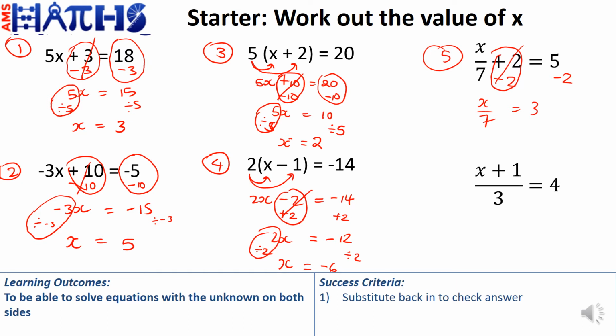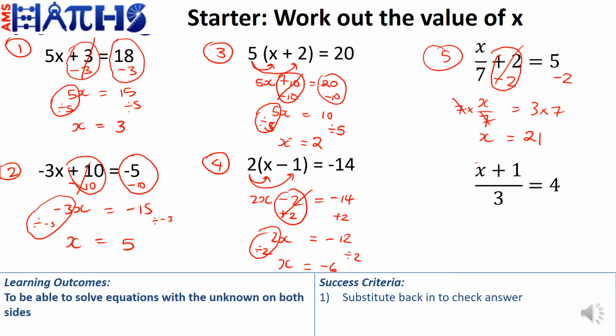Because we're dividing by 7, to undo that we'll have to multiply by 7 on both sides. 7 divided by 7 is 1, so we're left with 1x, and 7 times 3 is 21. So our answer is x is equal to 21.